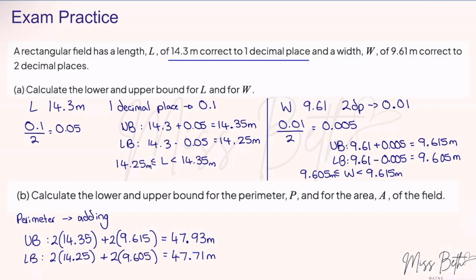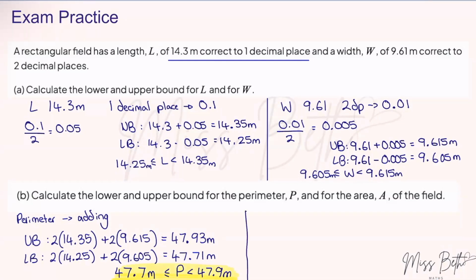To put that into an interval again, 47.71 is our lower bound. I'm going to write these to 3 significant figures. So I would have perimeter, and then that's going to be less than 47.9 meters. And that would be your interval for your perimeter.